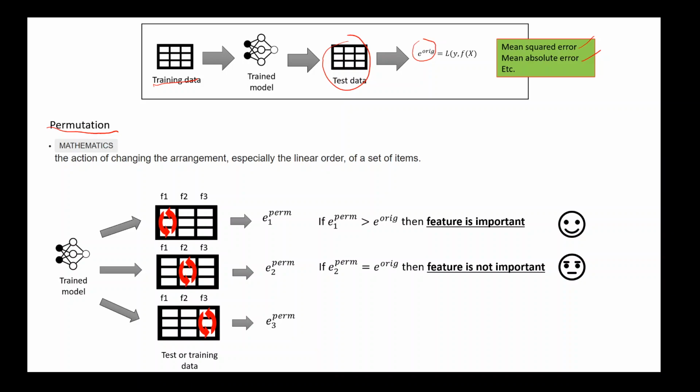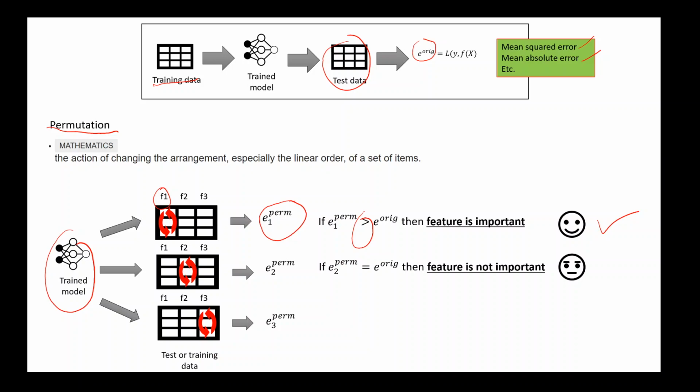We can see in the figure that we have a trained model, and then we start by permuting the values of feature F1. After this, the model error is estimated using the permuted dataset. If the value of the new estimated error is greater than the original estimated error, the feature is considered important, because in this case the model relied on the feature for making predictions.